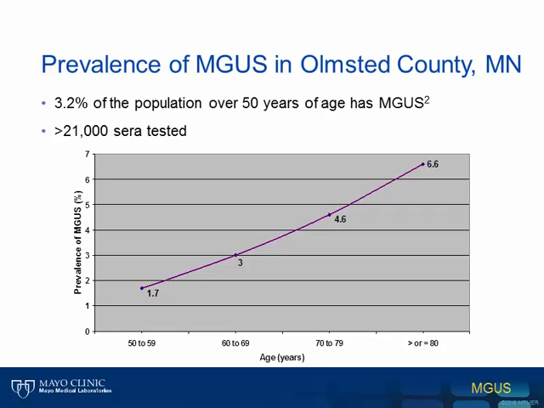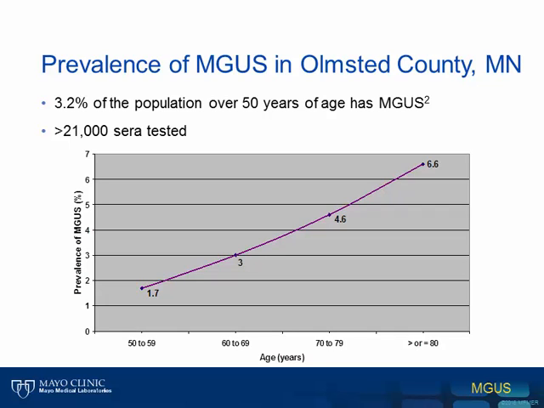First of all, it is important to recognize that MGUS is a very common disorder. In a study of over 21,000 sera from Olmsted County here in southeastern Minnesota, we determined that 3.2% of the population over 50 years of age had MGUS. That is, they had a monoclonal gammopathy and had no clinical symptoms.